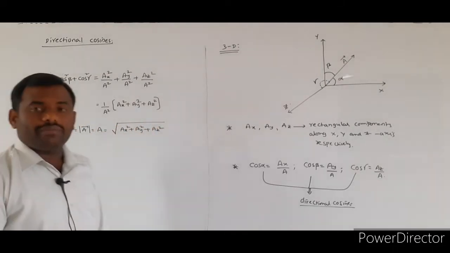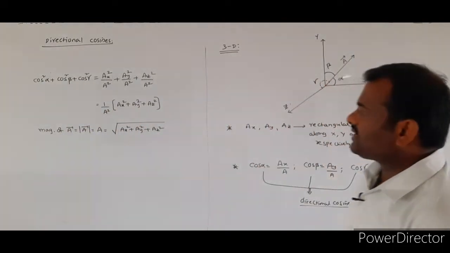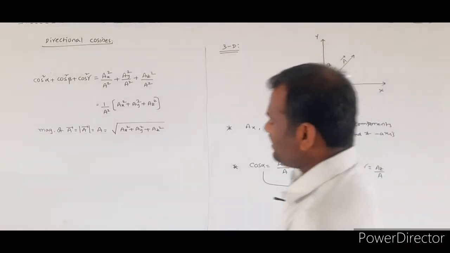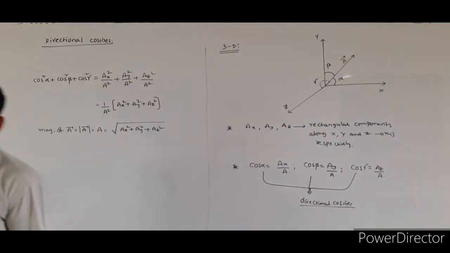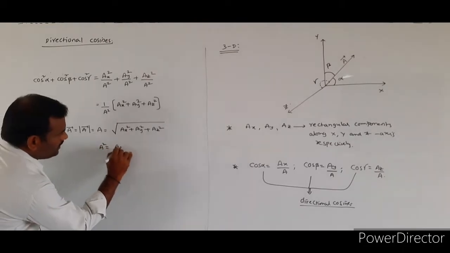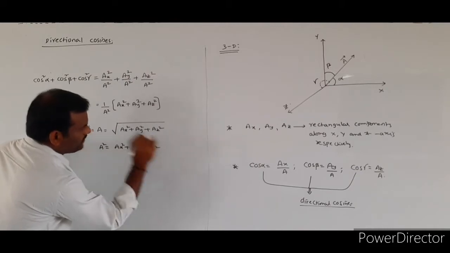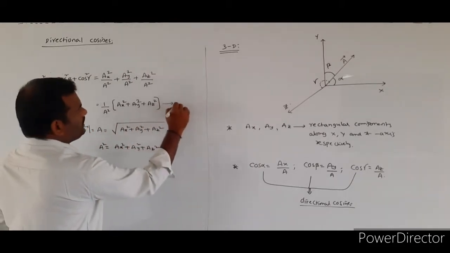If you square on both sides, a square is equal to ax square plus ay square plus az square. Let it be equation number 1.